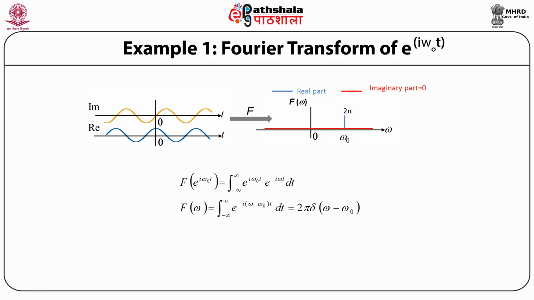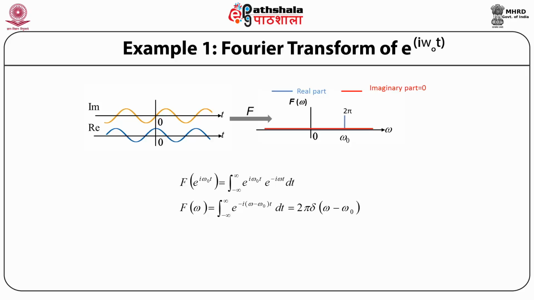So we need to only do it for a few steps, but the whole message or the energy that is getting conveyed will be conveyed when we are multiplying with e to the power minus i omega t and then integrating it. That is the same thing we are doing here.